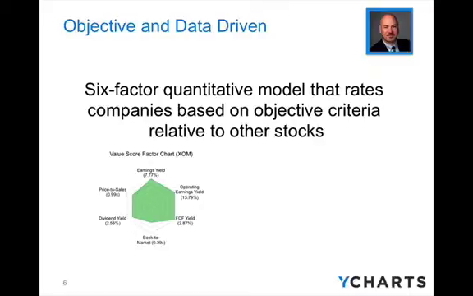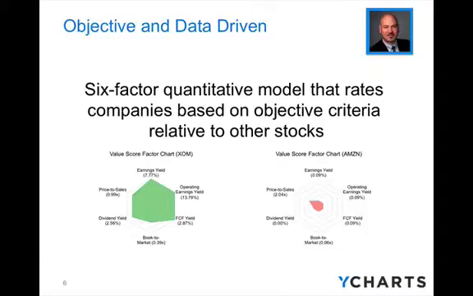And so you can see that ExxonMobil's values are all very high, or mostly very high. So the area covered is pretty large in this 6-figured object. We can compare that to the value score factor chart for Amazon.com.